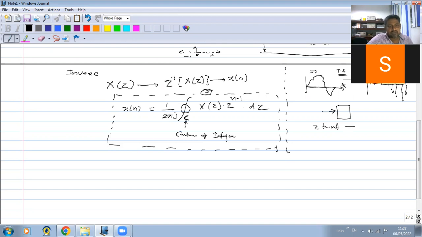So we have to perform the Z transform to convert this time domain signal, the time series, into the Z domain. Originally we have this time series, so there is no need for inverse conversion.